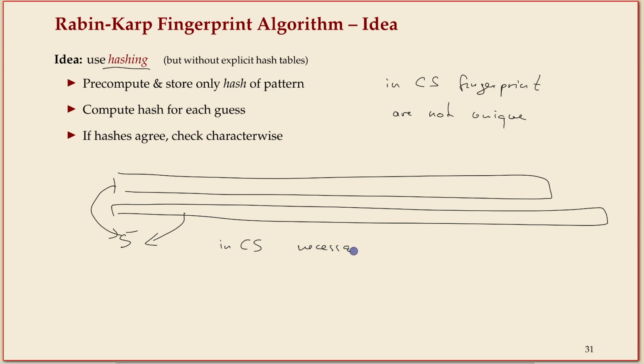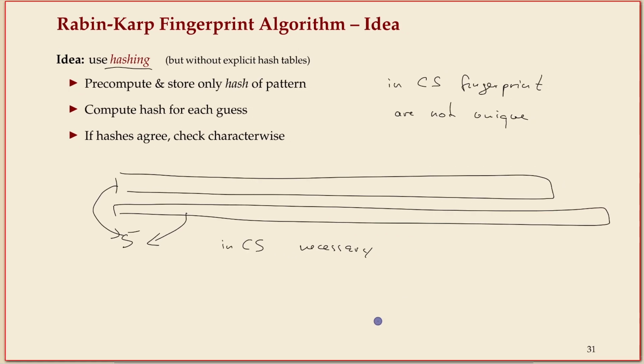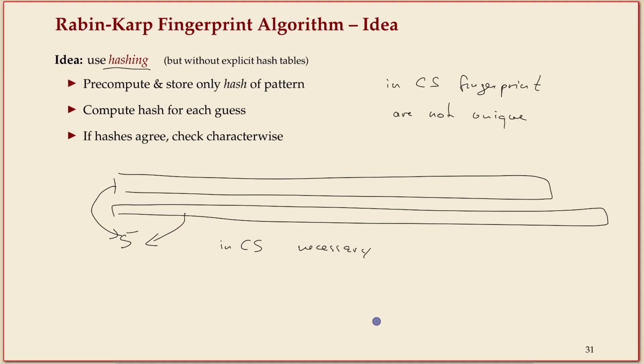So our hashes will necessarily have collisions, which means there's different objects that get the same fingerprint. And the whole story about hash tables is how to deal with those and so on. But again, something we haven't got the time to cover.